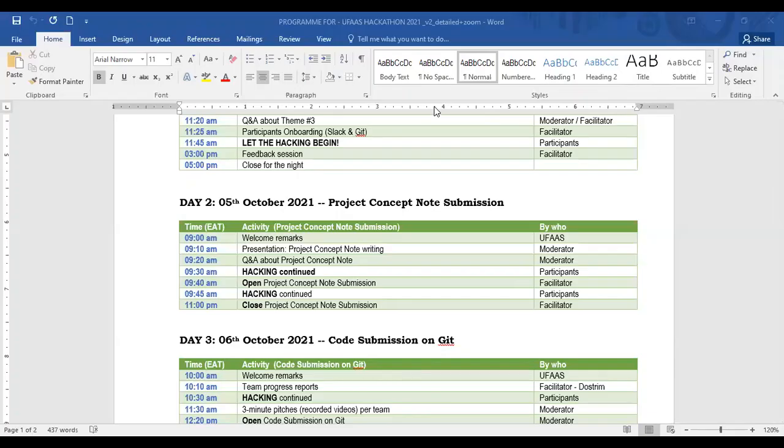The deadline for submitting the concept note is at 11 p.m. In the meantime, some team members can concentrate on the coding, on the hacking, and other members concentrate on the concept note.